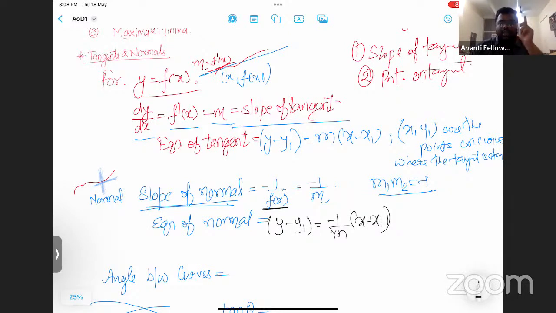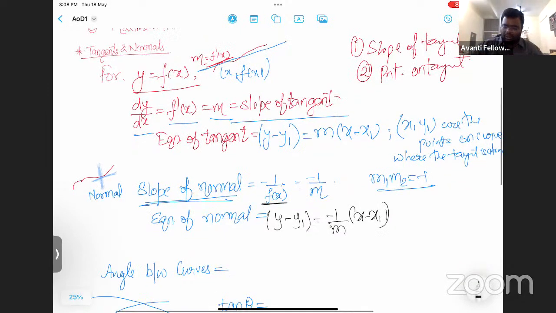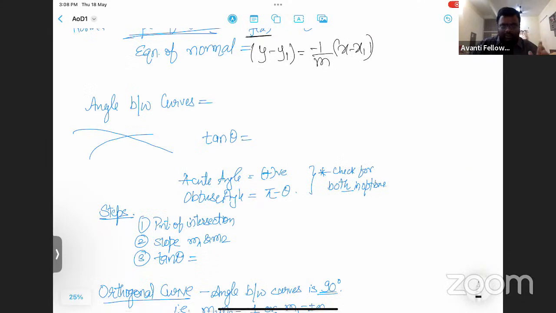The first is the intersection of the curves. Unless the curves intersect each other, there will not be any point of intersection or angle between them. Second, if you look here, these are the two curves which I have drawn, curve 1 and curve 2.